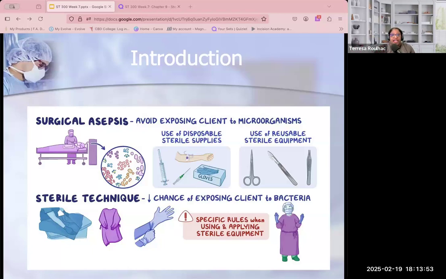This includes everything from properly preparing and draping the patient to handling instrumentation, supplies, using everything in a sterile aseptic technique. Every step taken to ensure the environment remains sterile plays a huge role in patient safety and surgical outcomes. Our biggest thing is trying to prevent surgical site infections.